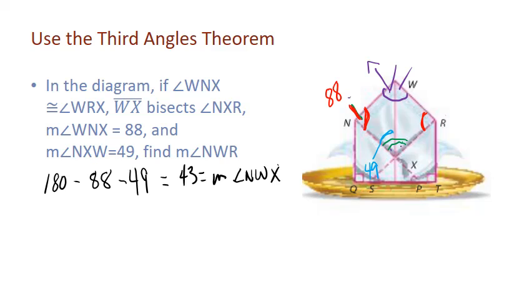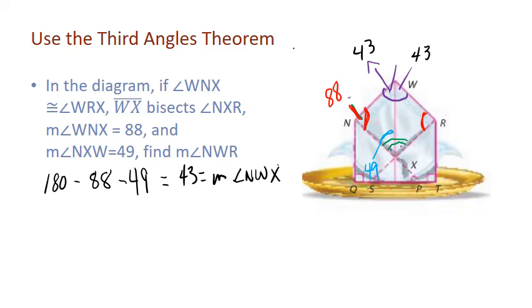Okay, now find NWR. Well, that means that if this is 43, then this angle here, RWX, must also be 43, and the two of those together is going to equal NWR.